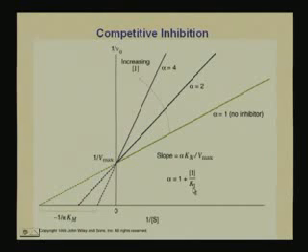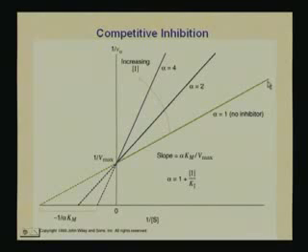Okay? So when alpha is 1, it means the concentration of I is 0. If the concentration of I is 0, it means that I have an uninhibited reaction. So my alpha is 1, which essentially means that my Km is what I would have in a normal Lineweaver-Burk plot. So I have no inhibitor here.